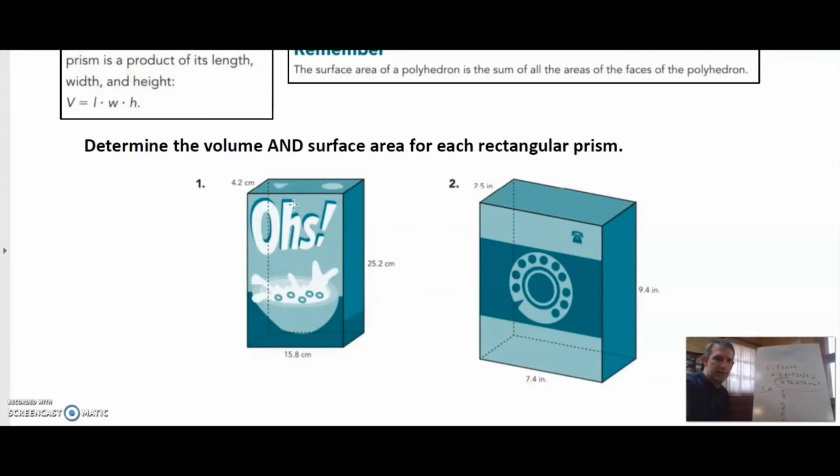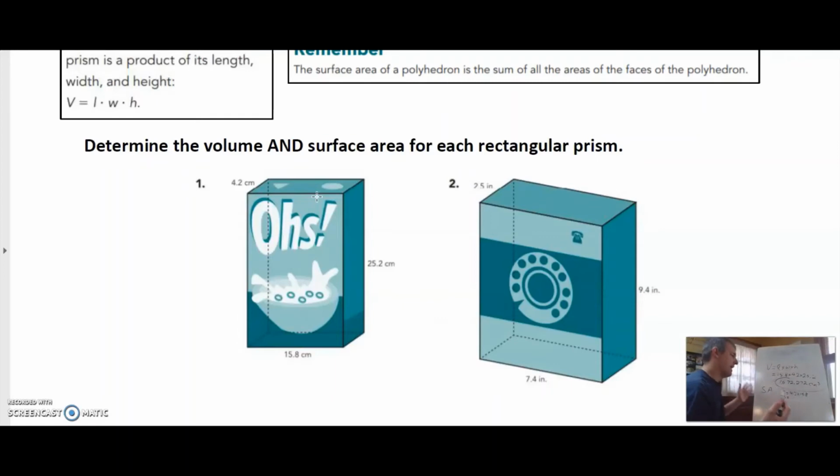The top is this 4.2 right here times this 15.8. So I'm going to do 4.2 times 15.8. And guess what?